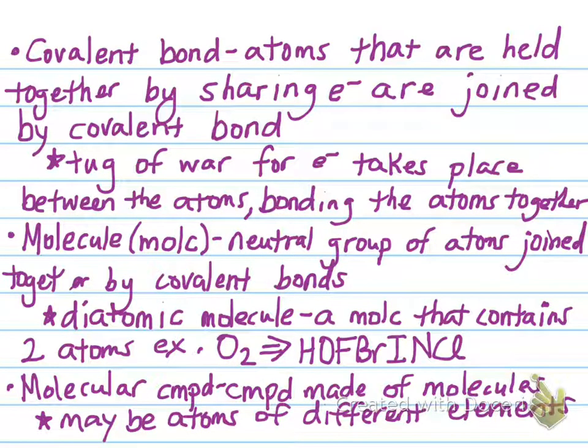For example, water is a molecular compound, okay? And so if we're talking about water as H2O, we can say it's a molecule. We also can say it's a molecular compound. We can say that it has covalent bonds in it.